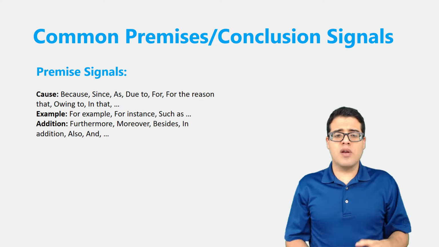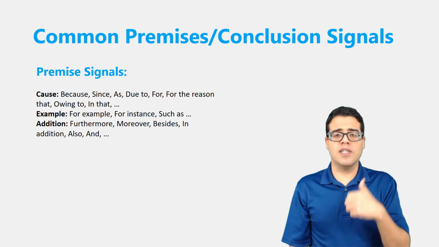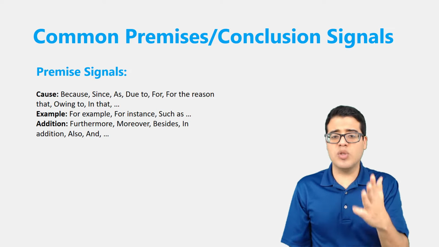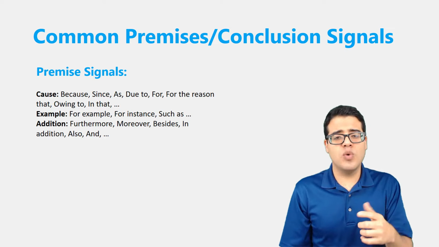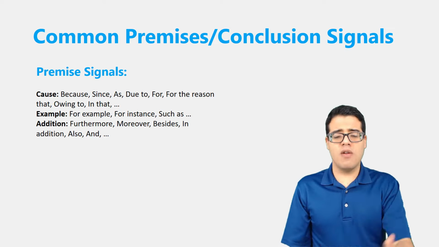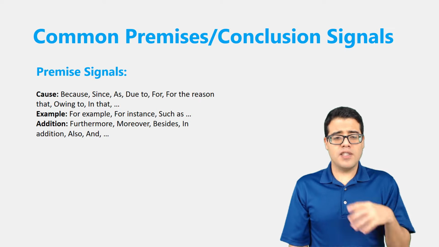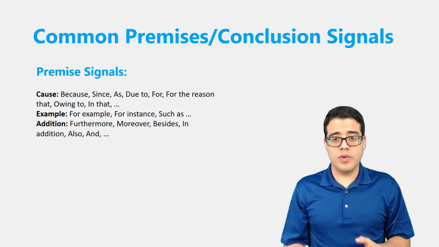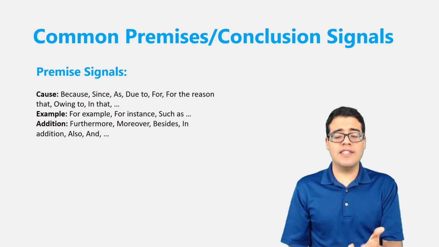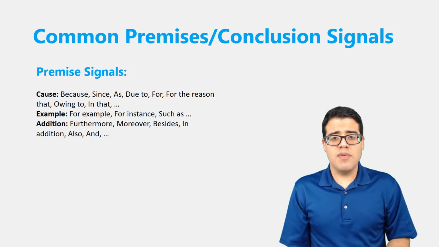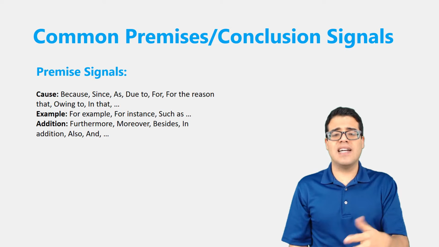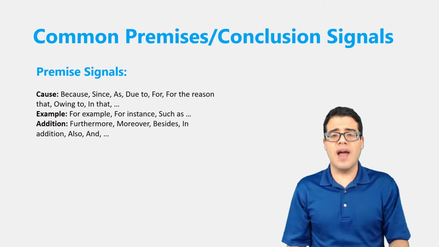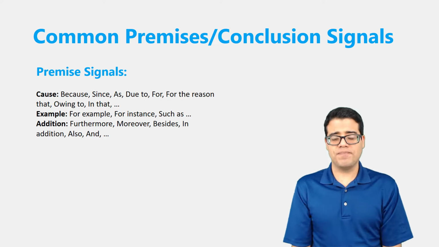The most important cause signals are because, since, as, due to, for the reason that, owing to, in that, and there are many others. Then you have example signal words such as for example, for instance, and such as. You may also have addition words such as furthermore, moreover, besides, in addition, also, and others.